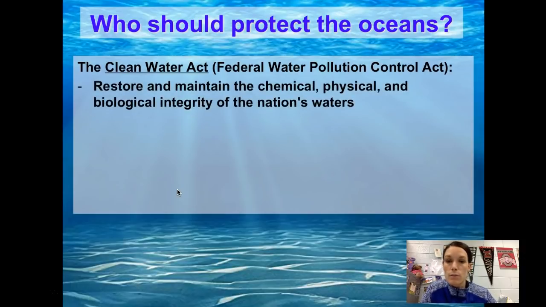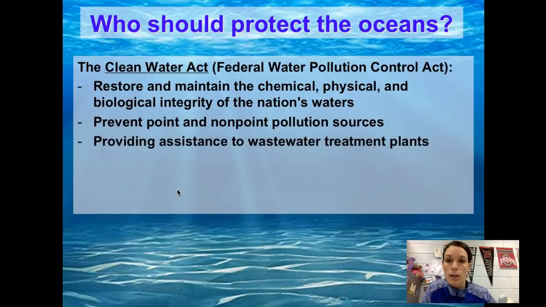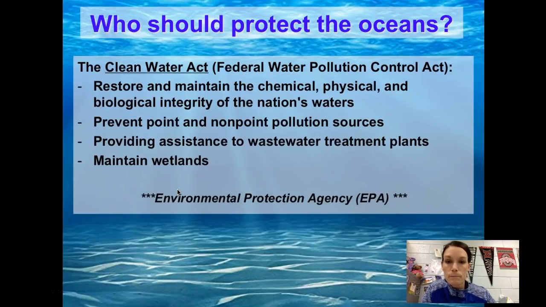What that does is it restores and maintains the chemical, physical, and biological integrity of the nation's waters, prevents point and non-point pollution sources, which we talked about in the freshwater unit, provides assistance to wastewater treatment plants, and maintains wetlands. We talked about how important the wetlands are in the last unit.